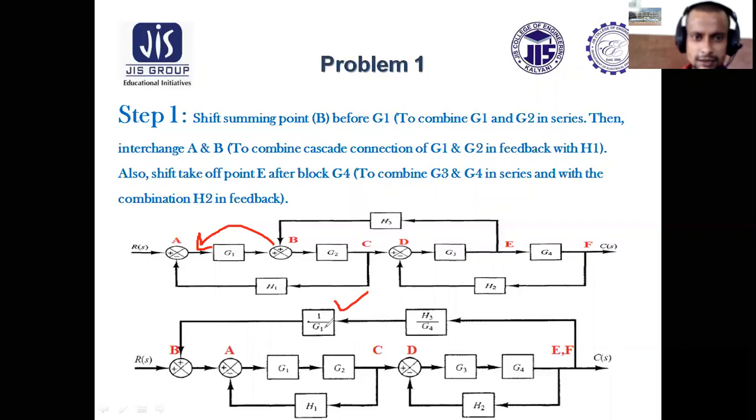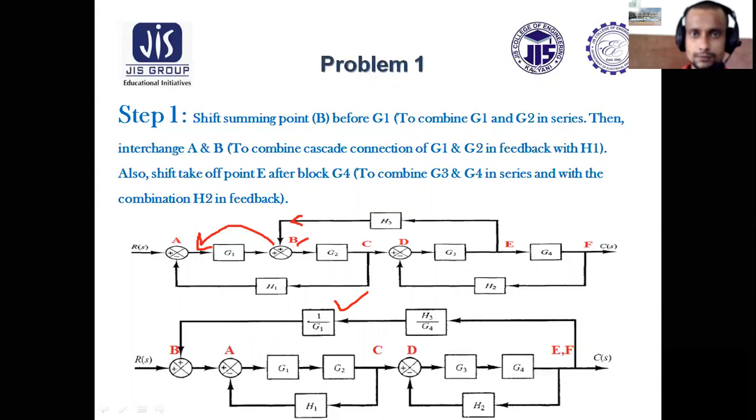That is why it is multiplied by 1 by G1. As B is shifted before G1, the signal entering at B will be multiplied by 1 by G1. We have discussed these rules before, that if a summing point is shifted before a block, then the signal should be multiplied by 1 by G1.